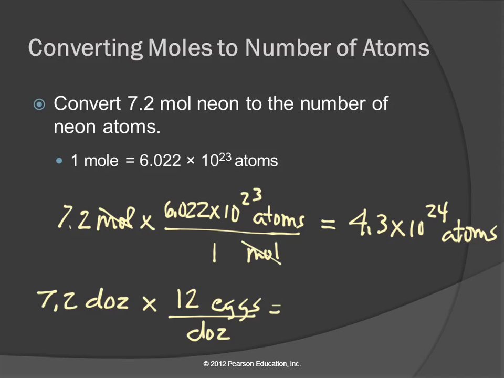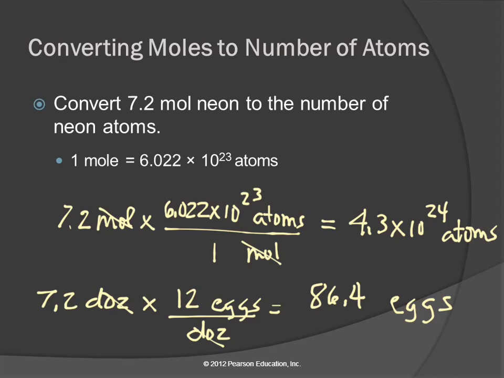And I would get 86.4 eggs. A calculation like that is easier for us to get our mind around, and easier to check and see does the answer make sense.